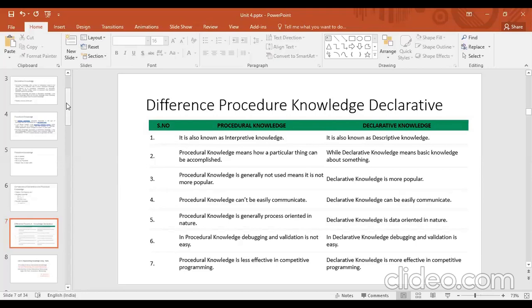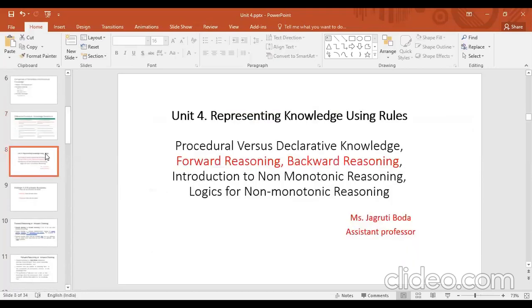Okay, now we go to the next topic, that is forward reasoning and backward reasoning. I have already given the idea of reasoning. So what is reasoning? Can anyone tell me what reasoning is? It means chaining. It means chaining, but what is the actual meaning of reasoning?